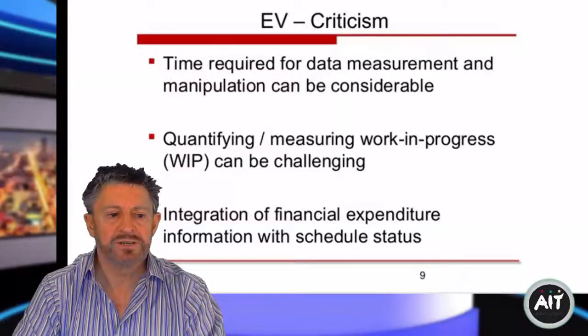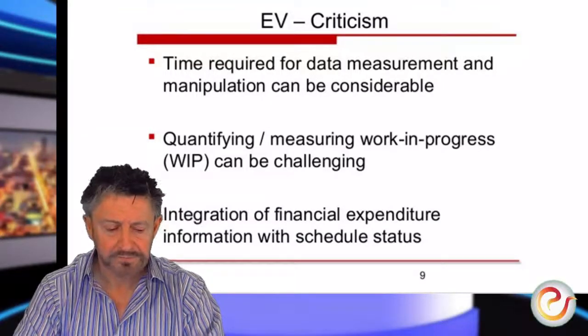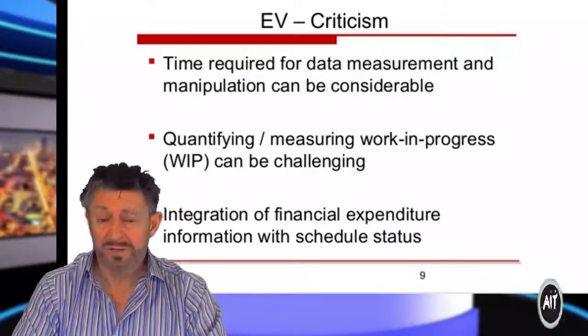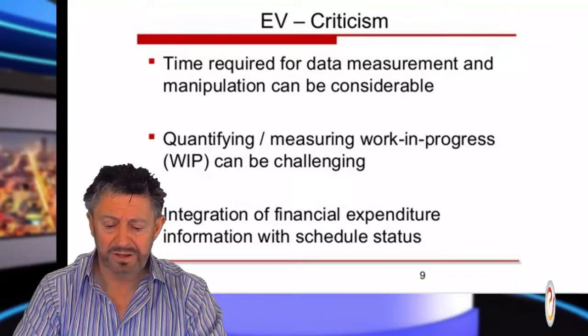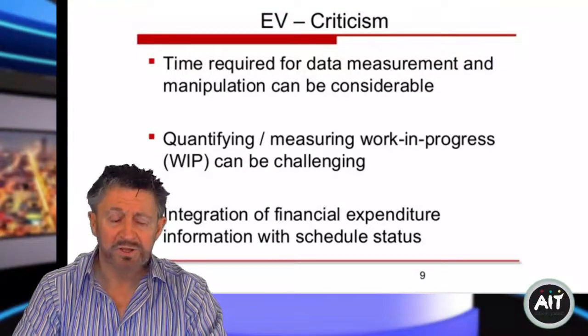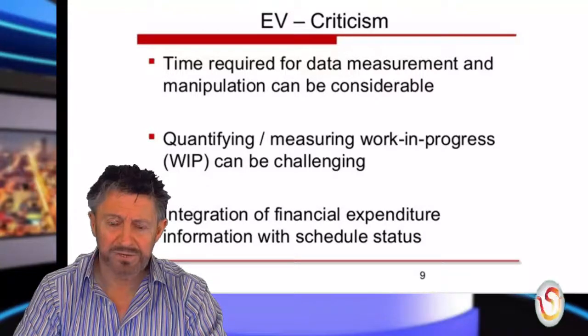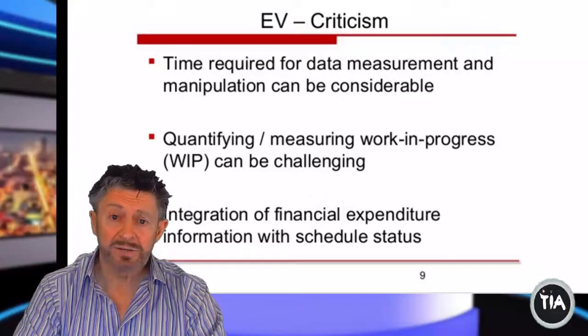So integration of financial expenditure information into the scheduled status. I don't see why that's a criticism, simply because I described it earlier on, if you know how many hours are being spent on the project, you know the people who are being assigned the tasks, then you know how much you're paying those people.